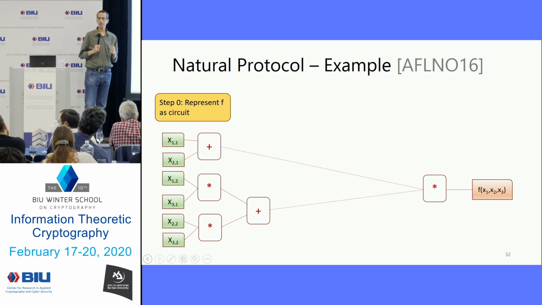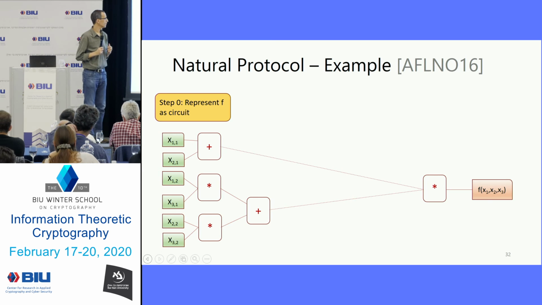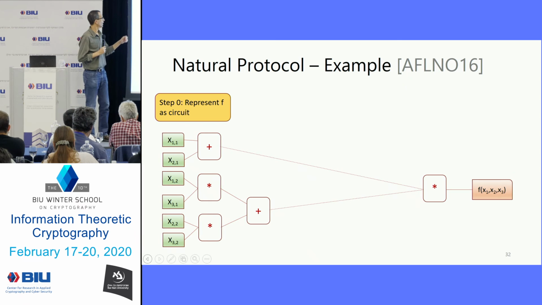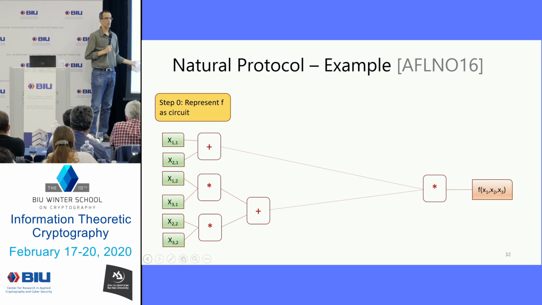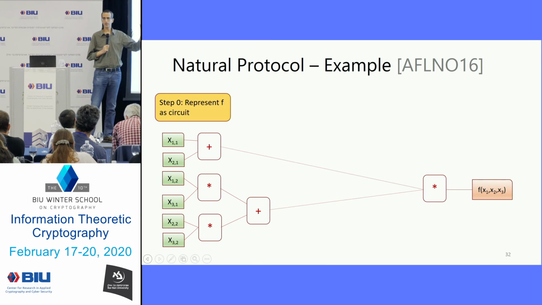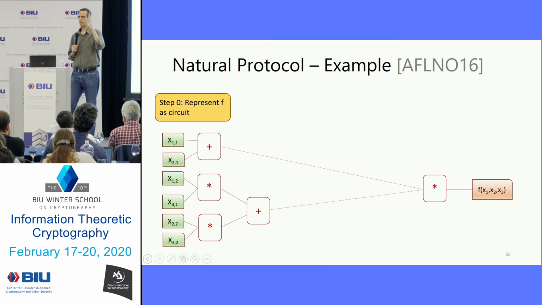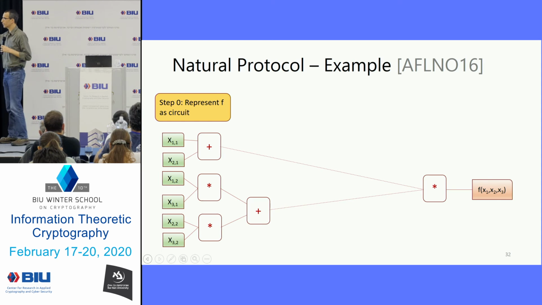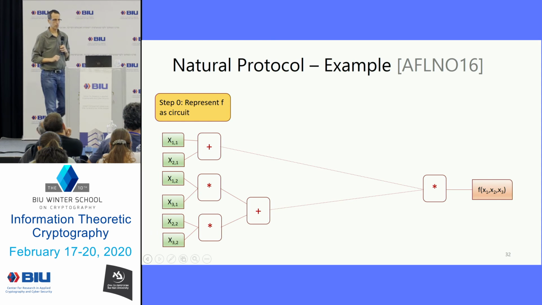The circuit is arithmetic. It's over a field and has addition gates and multiplication gates. And here are the inputs. So just looking at the circuit, we push the inputs into the circuit, run the computation, and out comes the output f of the input.